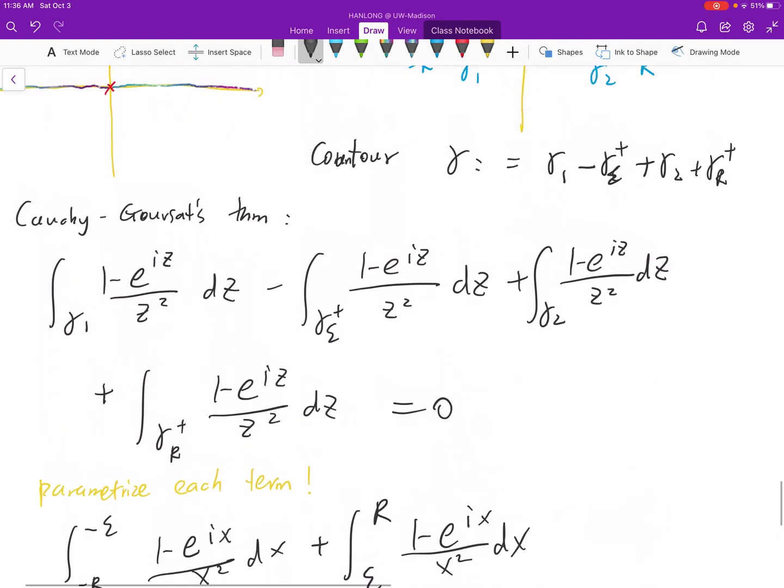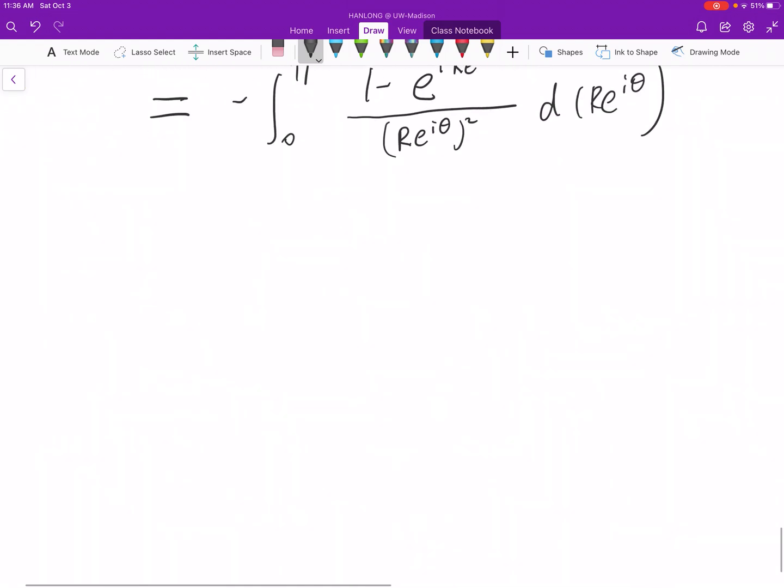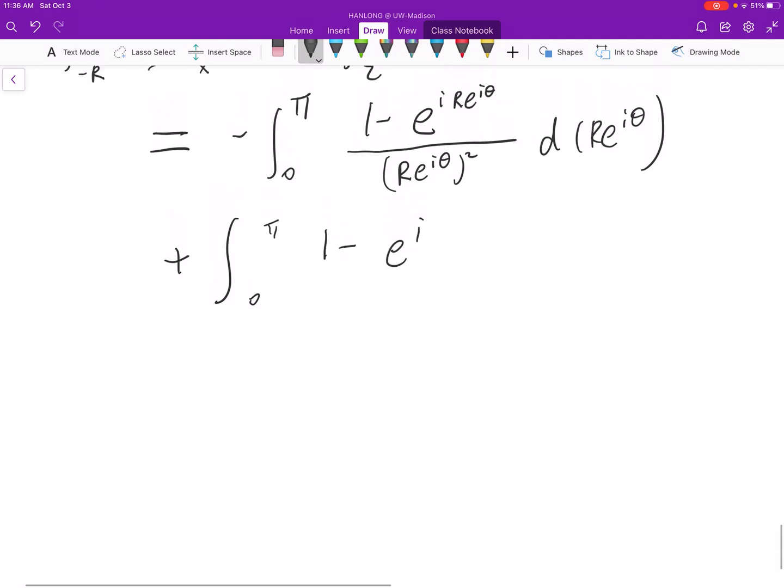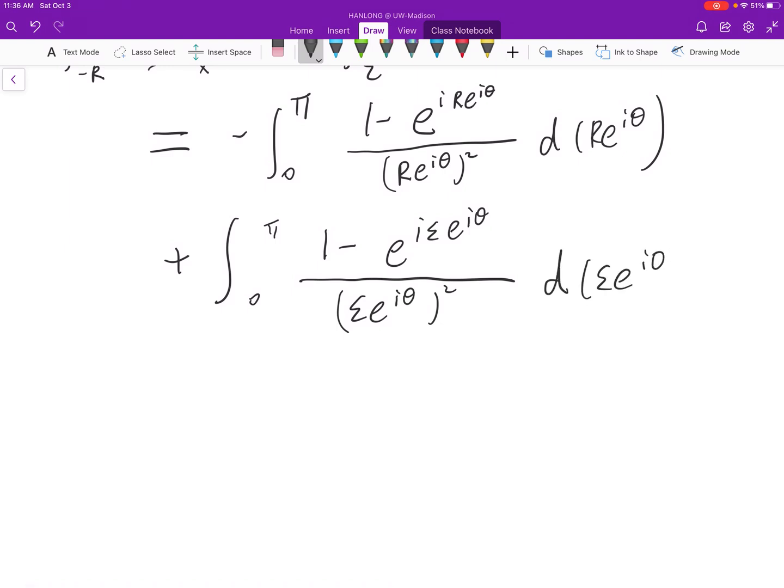And then the other term, for the small hemicircle, is exponential of negative i epsilon e^{iθ}, over epsilon e^{iθ} squared, d(epsilon e^{iθ}).